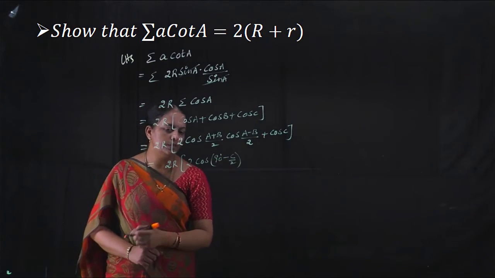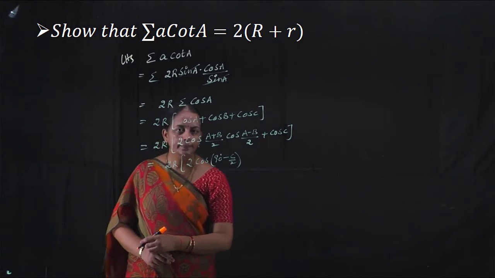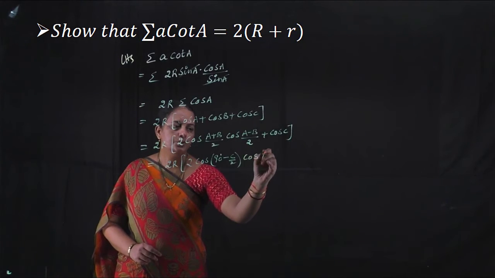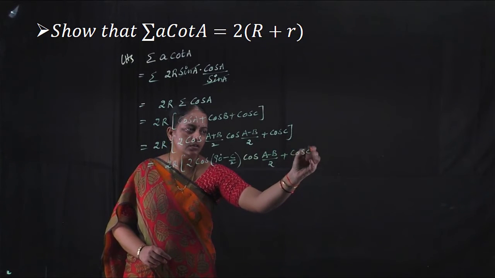Since A by 2 plus B by 2 plus C by 2 is equal to 90, from that we can write A by 2 plus B by 2 is equal to 90 minus C by 2 into cos of A minus B by 2 plus cos C.